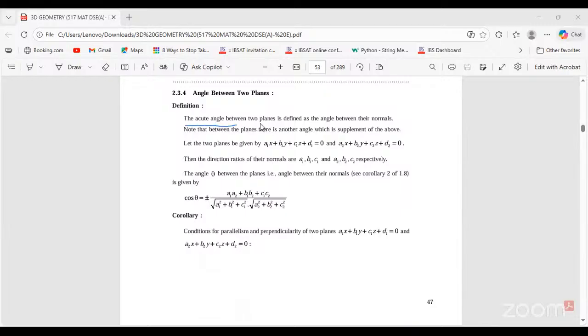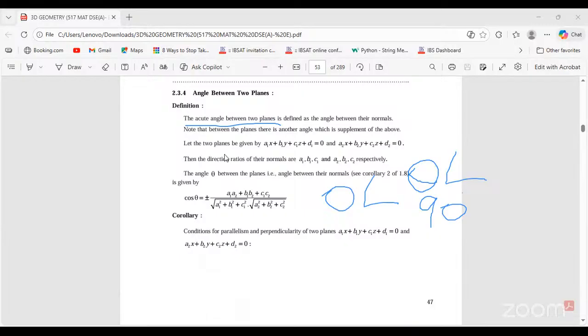An acute angle is any angle value that lies strictly between 0 and 90 degrees, not equal to 0 and not equal to 90. This is the acute angle definition.